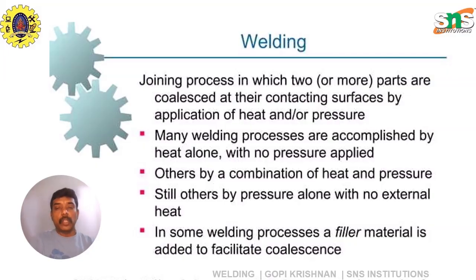Many welding processes are accomplished by heat alone with no pressure applied, whereas some welding processes require a combination of heat and pressure. A few other welding processes require pressure alone with no external heat. In a few welding processes, a filler material rod is also added to facilitate the coalescence. Coalescence is the welding of two different components together.